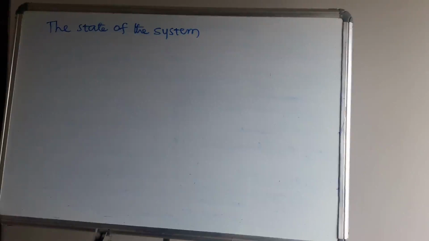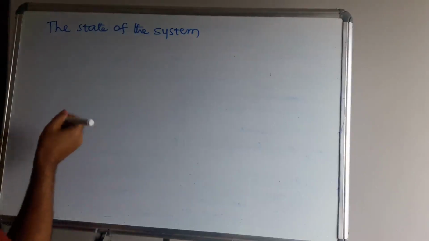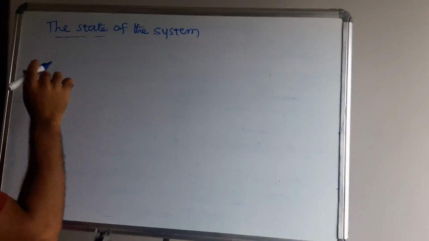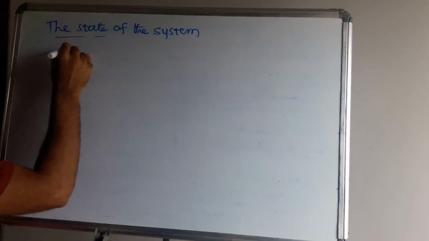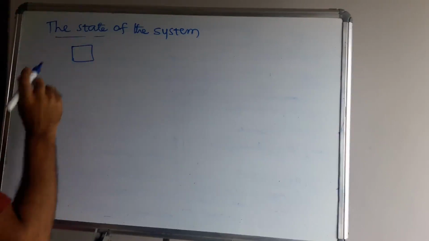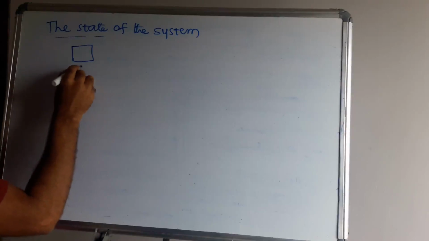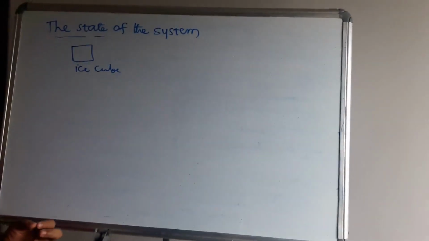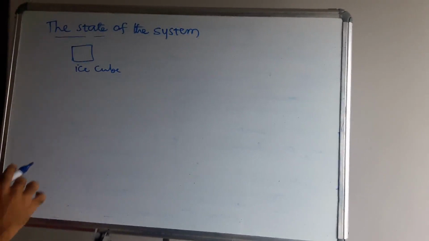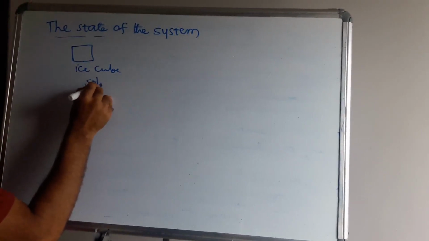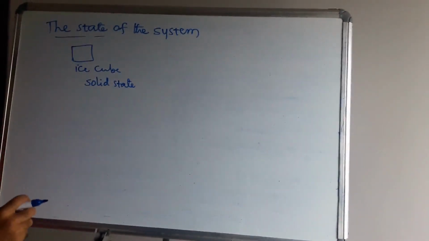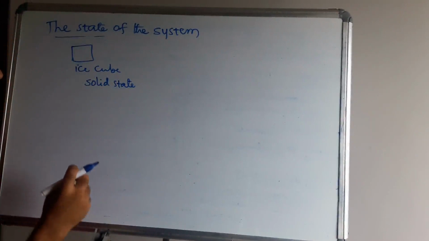Now, the state of the system. A system is in a given state when all thermodynamic properties are fixed. For example, this is one system. That is called an ice cube. What do you call this? Ice cube. This system will be in a given state. Given state means what is that ice cube? It is solid state. When it is in the solid state, all thermodynamic properties should be fixed.